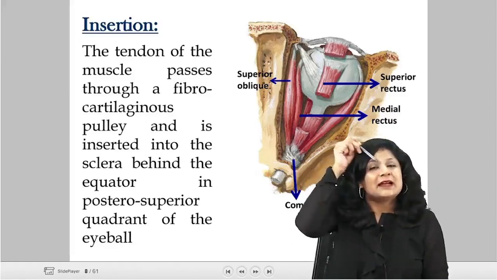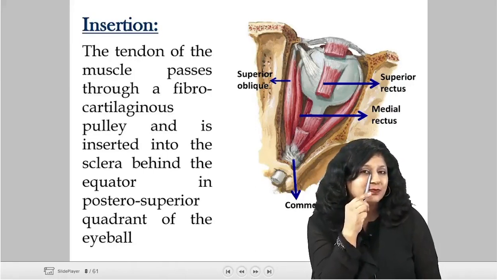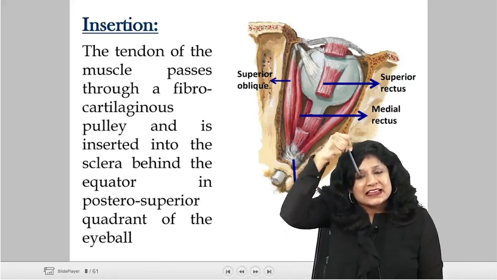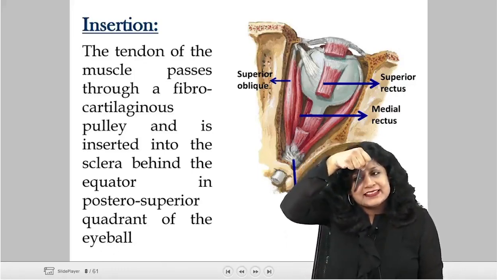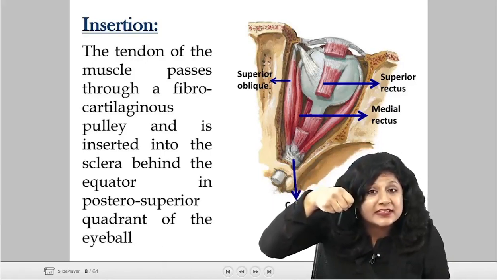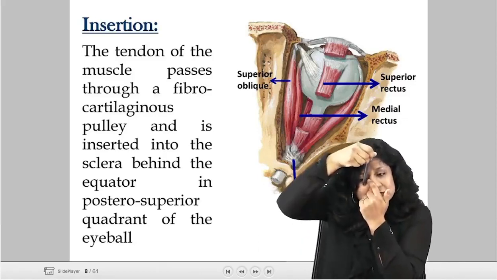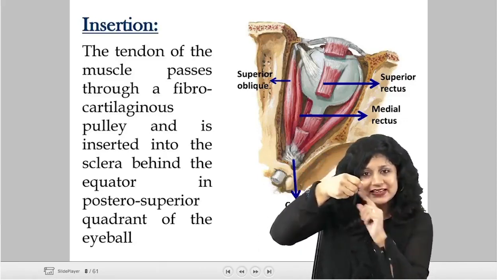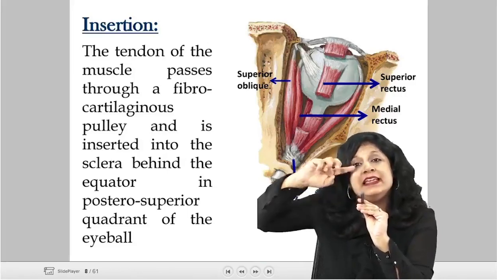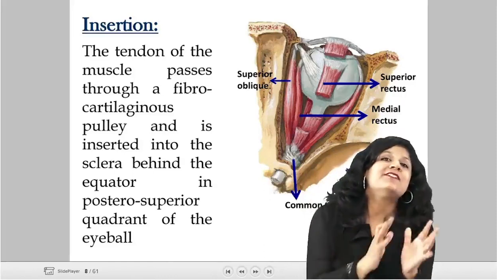So basically it is coming from behind, and then here we have that trochlea through which it has to pass, and it is hooking around here, and then it is going and inserting again over the sclera. When it is coming here and then hooking back and going like this, can you see we have a oblique kind of action because the axis becomes very, very large.